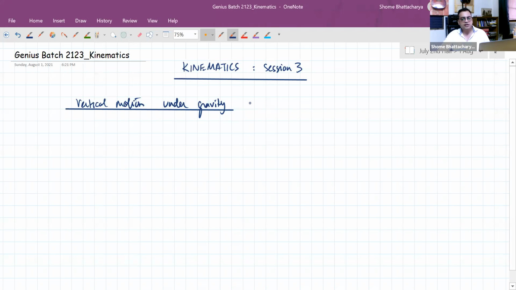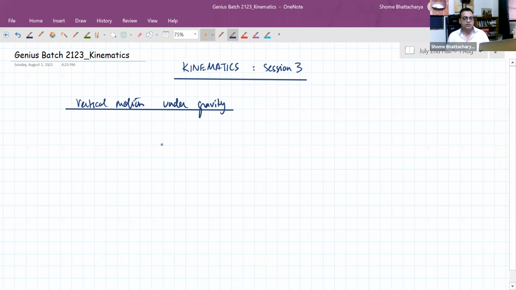So the moment we start going to a distance from the surface which is comparable to the earth's radius, like 1/2 or 1/3 or even less than that, but comparable, say 1,000 kilometers or 500 kilometers plus, then the variation of acceleration due to gravity starts to come into play, because the distance from the center of the earth becomes large enough that there is a weakening of the gravitational force. So then it is not what we are assuming in this case.